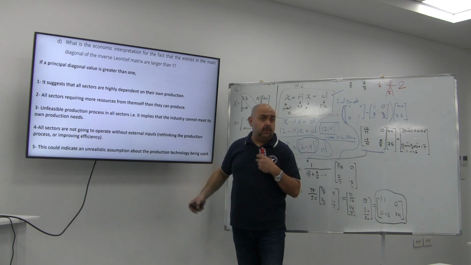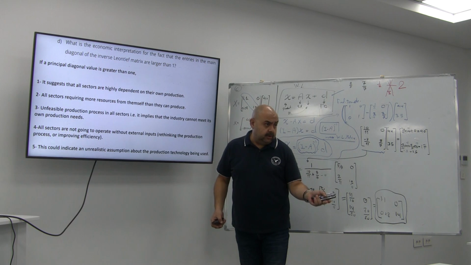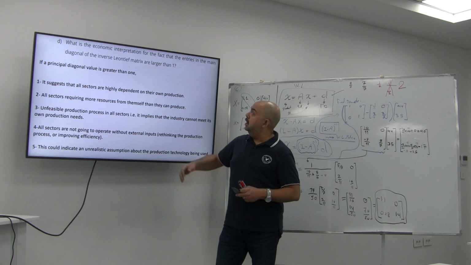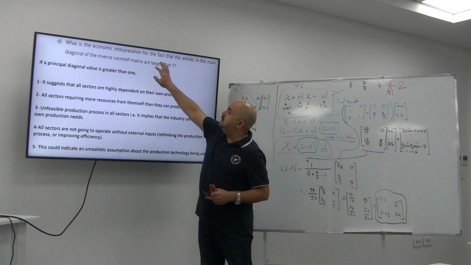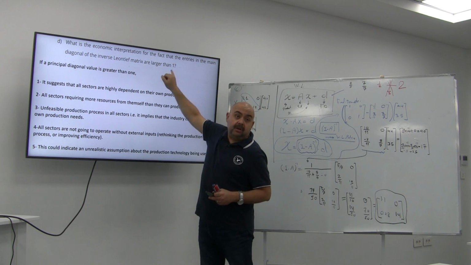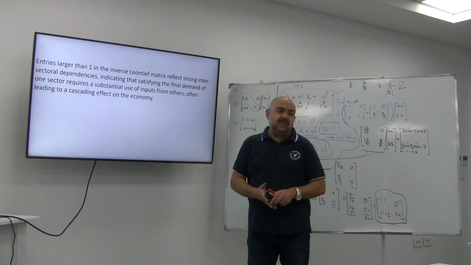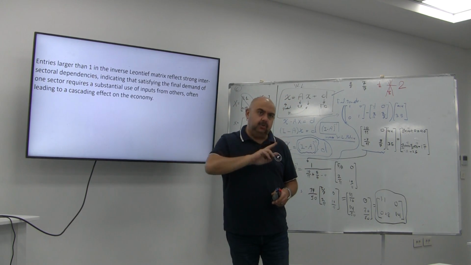I've answered these questions as I understood, mainly that, or I got confused. I was trying to answer if the principal diagonal values are larger than 1. But actually the question is about the inverse Leontief matrix.